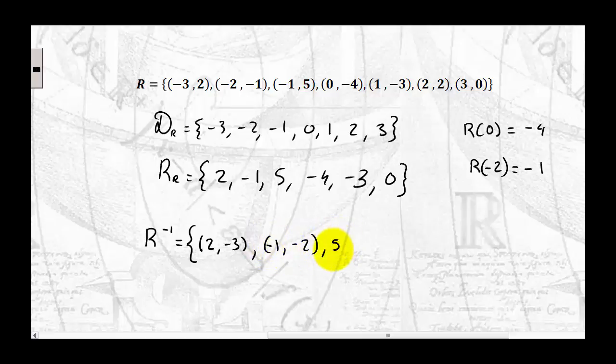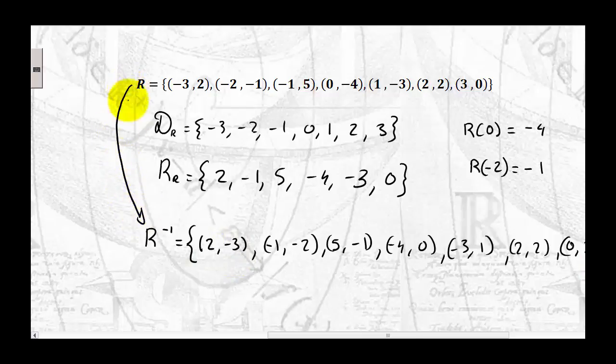Then we have 5, -1, -4, 0, -3, 1, 2, 2, I mean the flipping here doesn't really matter, and 0, 3. I've replaced my second coordinate by the first and my first coordinate by the second. Every relation has an inverse relation, okay? You just flip the coordinates.